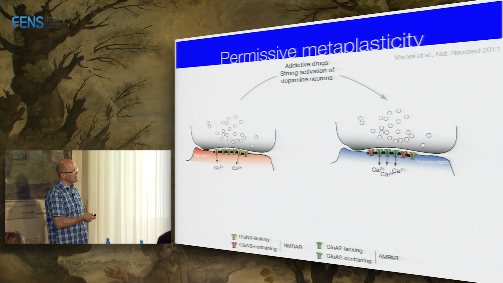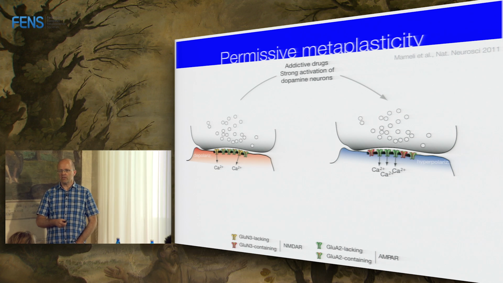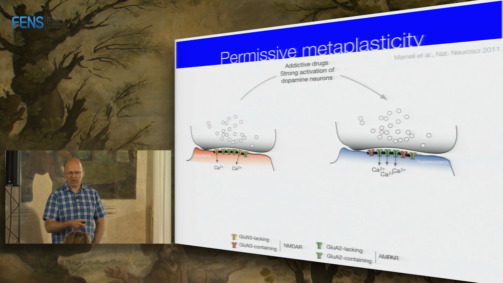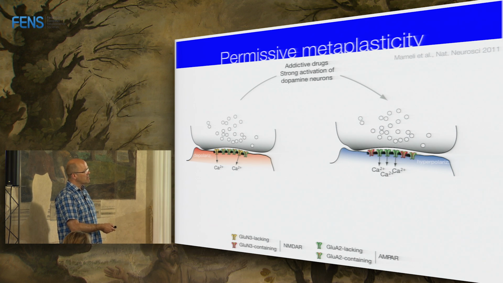Okay? And that is interesting because it leads from a situation where calcium can flow into these cells only by depolarization in the naive state through the canonical NMDA receptors, and then is replaced by this double exchange of AMPA and NMDA receptors, where now the calcium can come in through AMPA receptors and actually much less so through these new NMDA receptors that are very inefficient in conducting calcium.